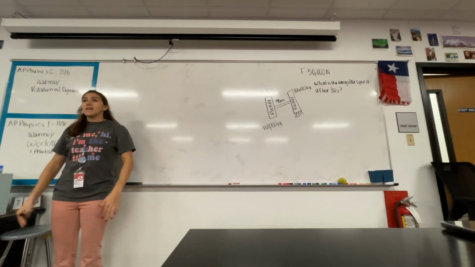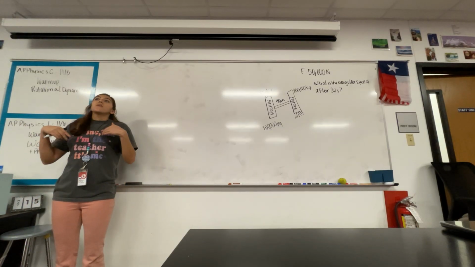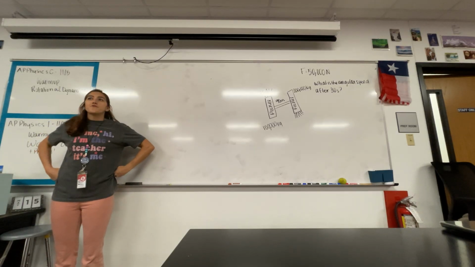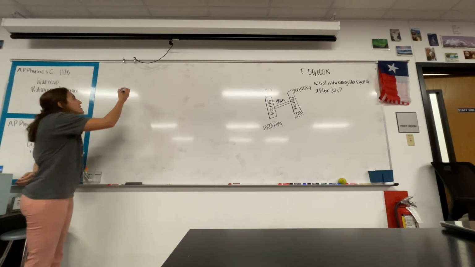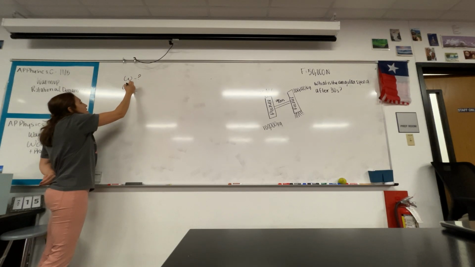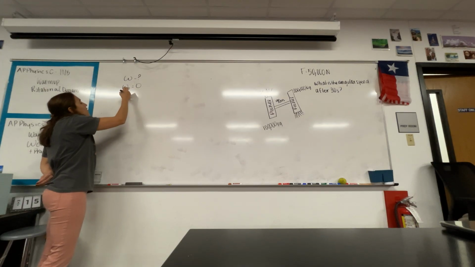All right, so if I'm looking for angular speed after 30 seconds, if I need help with my problem solving, I could say I'm looking for a final speed. I know the initial speed is 0. I know the time is 30 seconds.